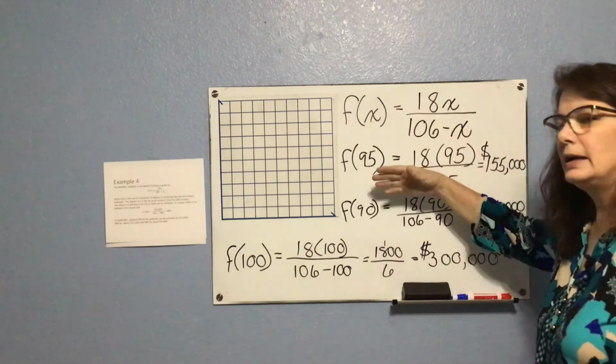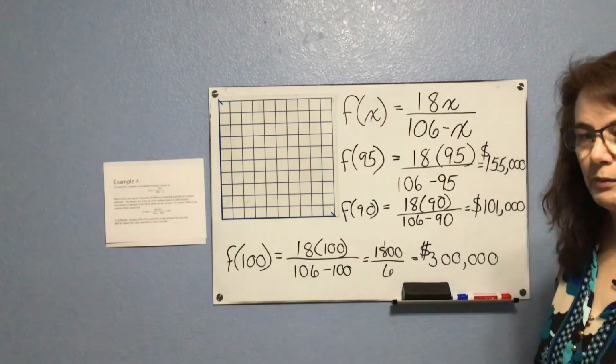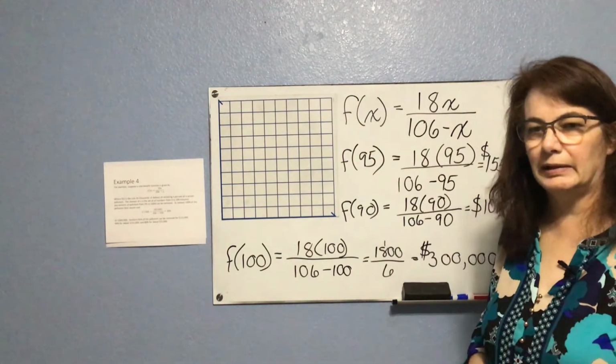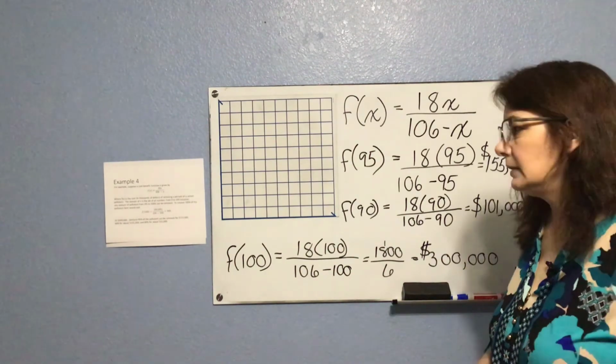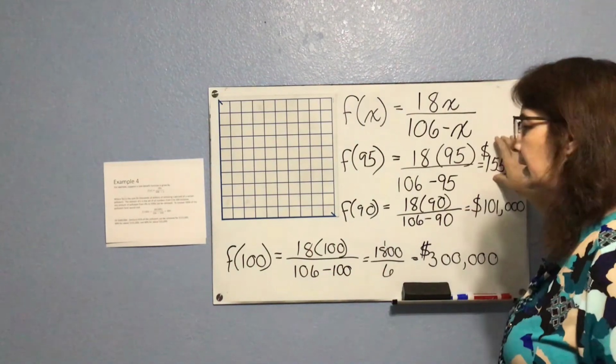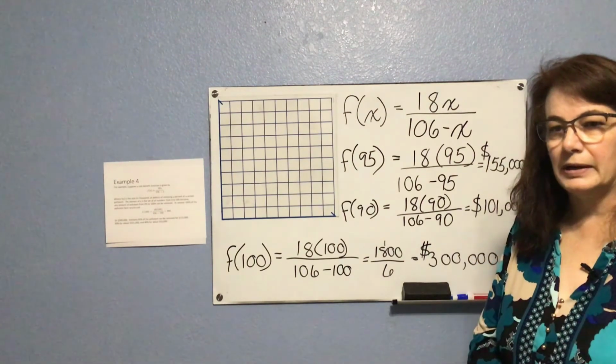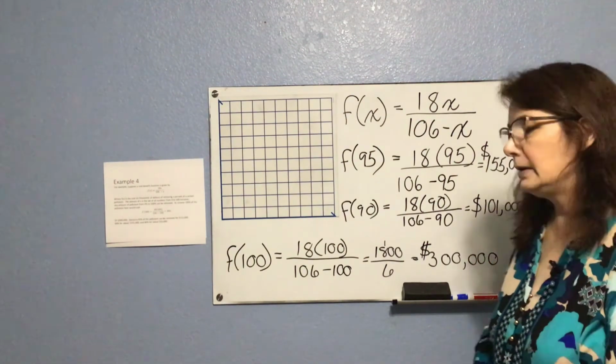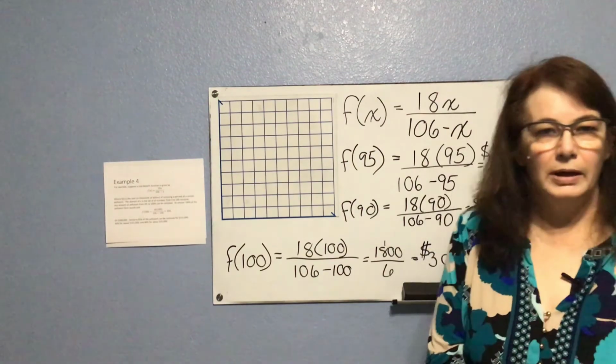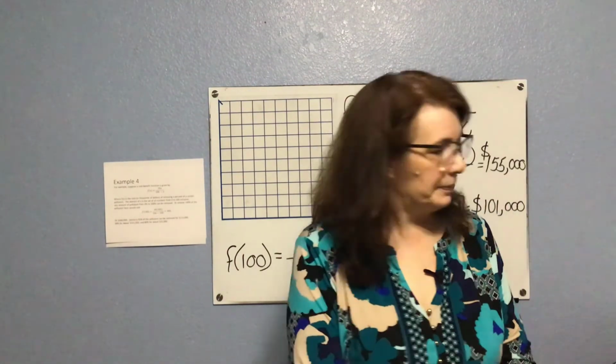So you can see, depending on what level of cleanliness we need, we can lower the price to something that's going to fit within the money that's available. So pause the video now and work on checkpoint 4.